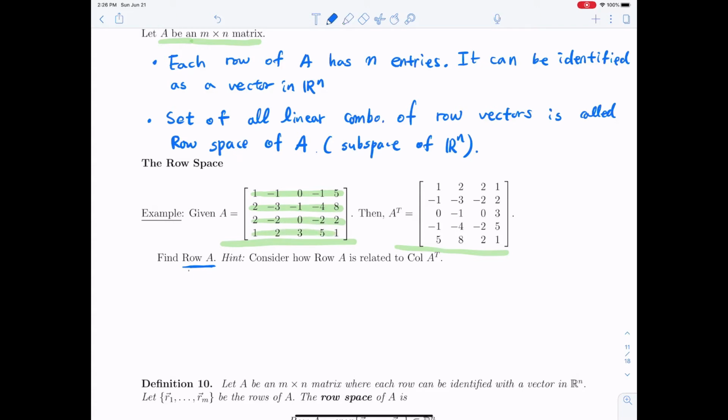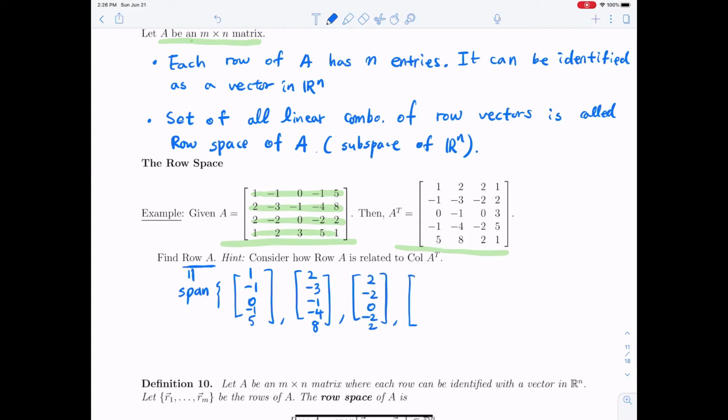So the row space of A is the span of (1, -1, 0, -1, 5), (2, -3, -1, -4, 8), (2, -2, 0, -2, 2), and (1, 2, 3, 5, 1).